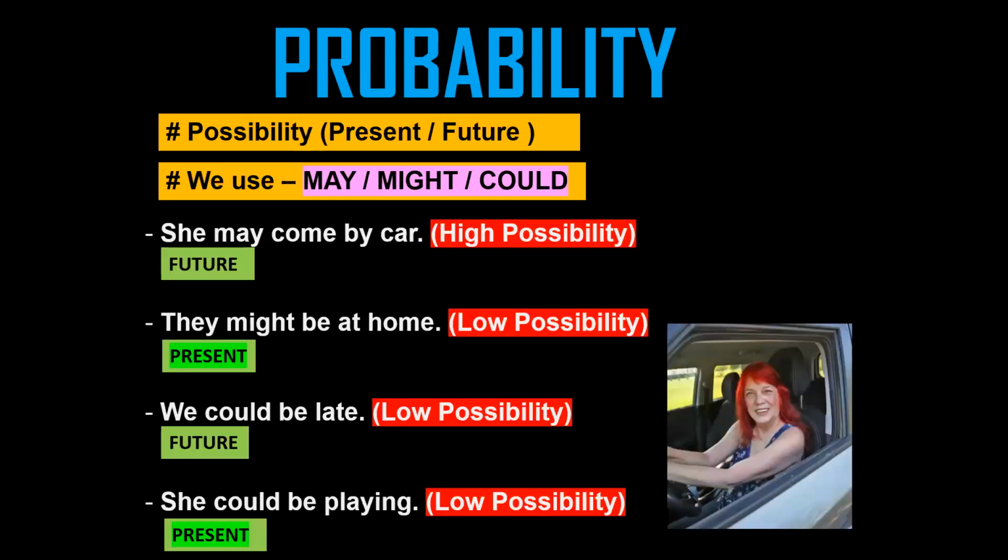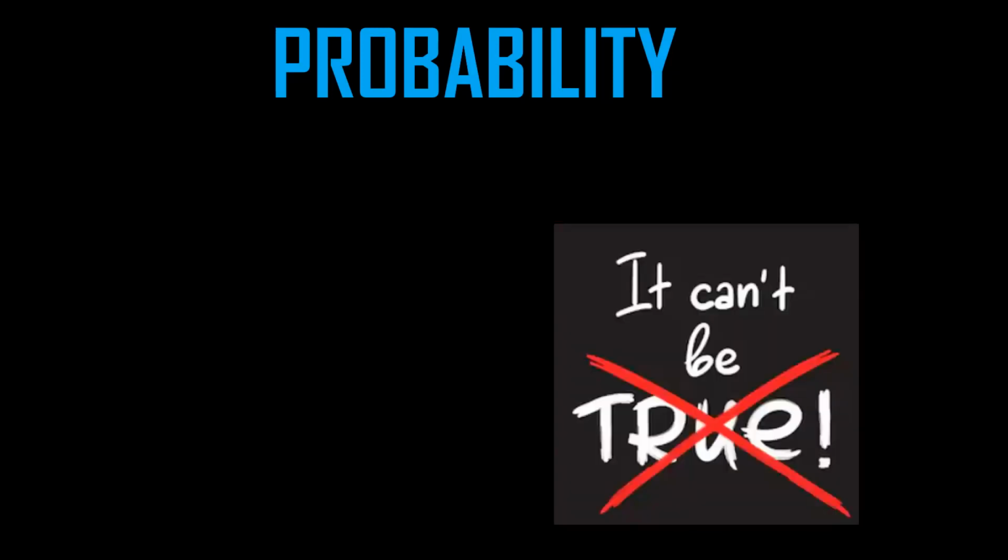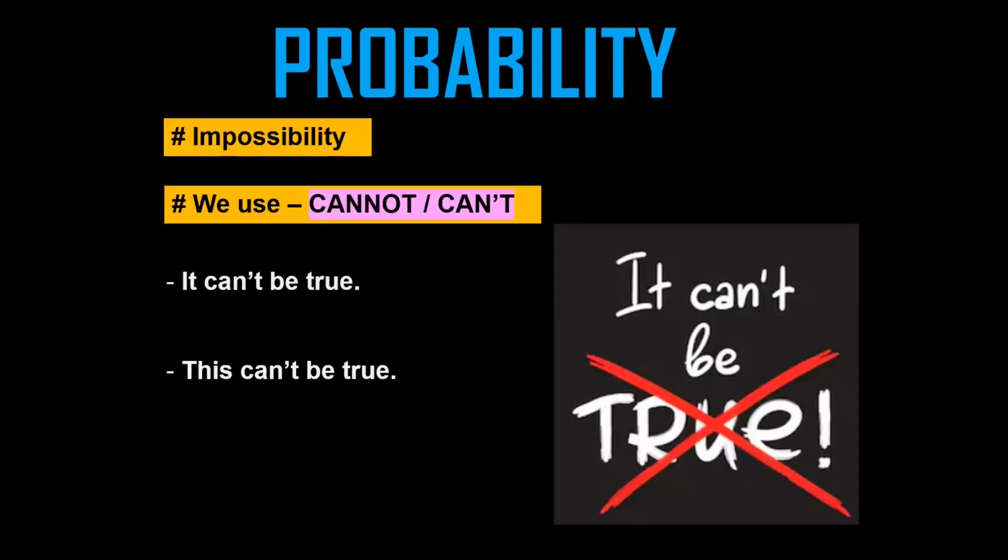In future you also use may. In present you also use may, for high possibility. Simple. Don't get confused between all these three. Present and future, high possibility is may, low possibility is might.